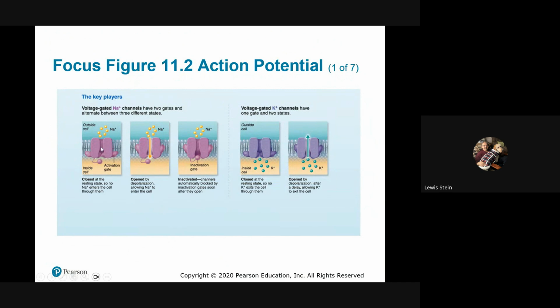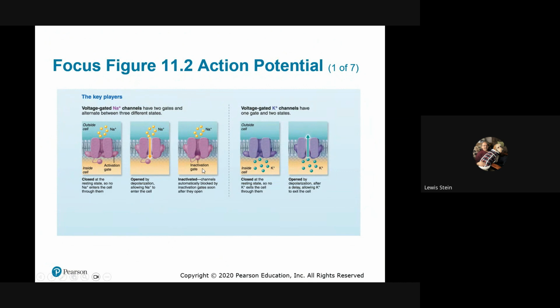On the sodium voltage gated channels, we have this inactivation gate. It's typically in the open position. The gate here that allows the sodium to flow in is closed when it's at rest. When the electrical signal passes by, it opens. The inactivation gate's not in the way, and it allows sodium to flow in.